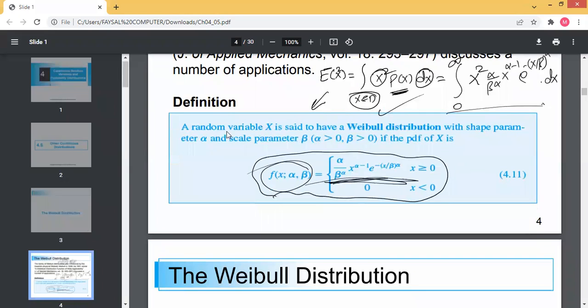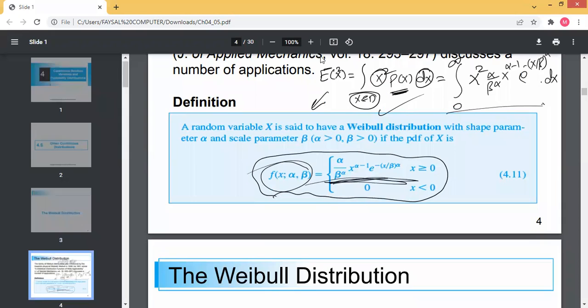A random variable X is said to have a Weibull distribution with shape parameter alpha and scale parameter beta. So there are two major parameters in my Weibull. First is my shape parameter, which is denoted as alpha.